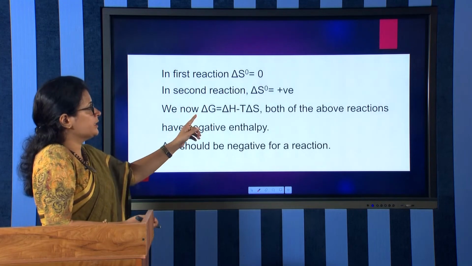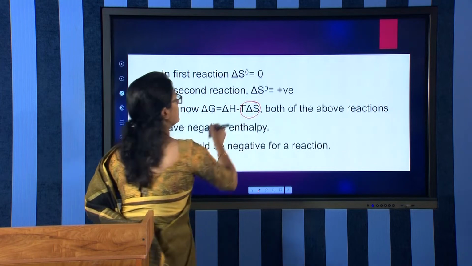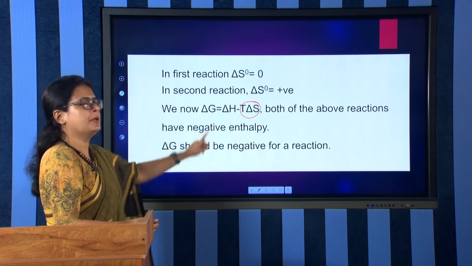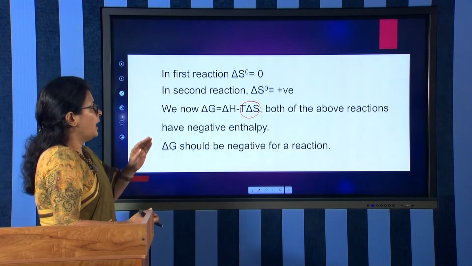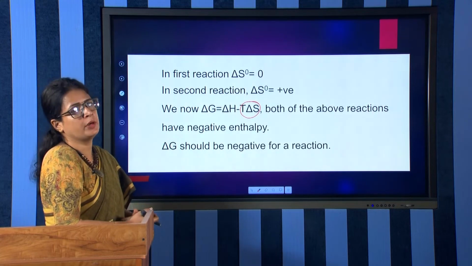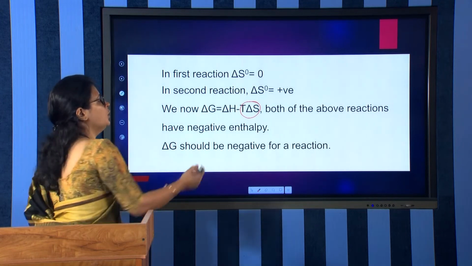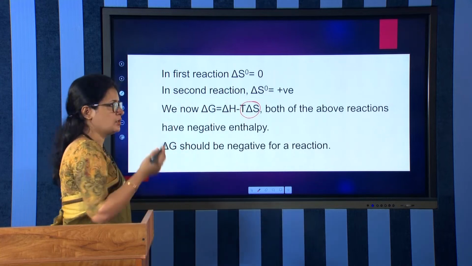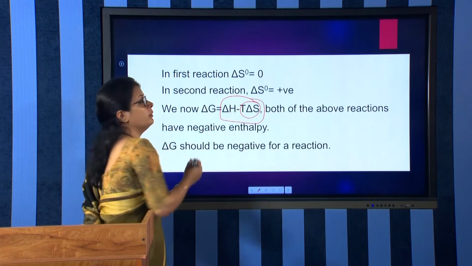In the first reaction, delta S is 0, so the whole T delta S quantity will be 0, and delta G will depend merely on the delta H value. It is negative in the first case. Now, in the second reaction, delta S is a positive quantity, but there is a negative sign before it, so the whole value will be more negative.